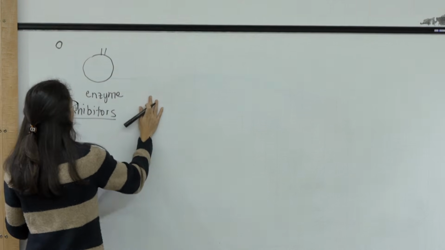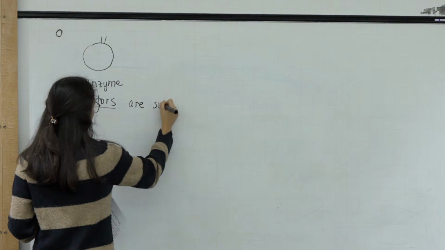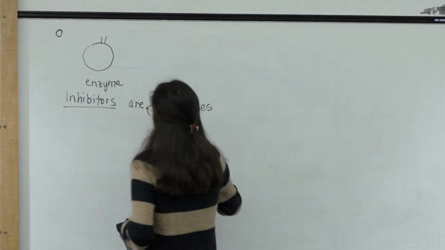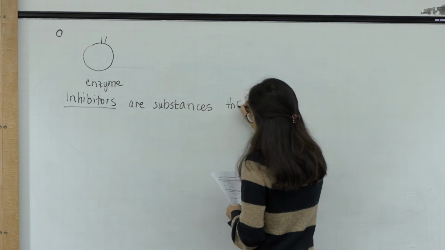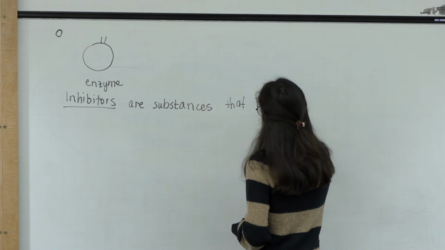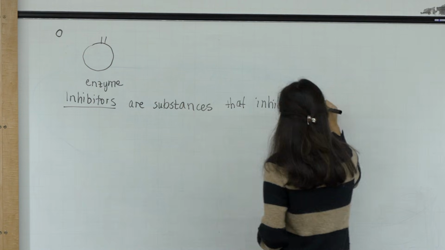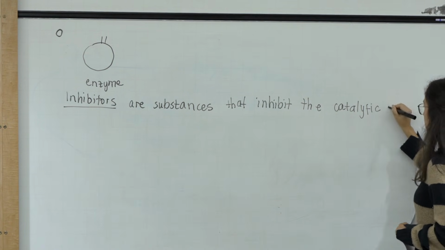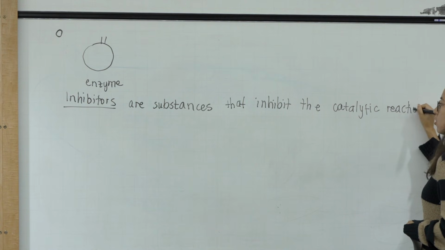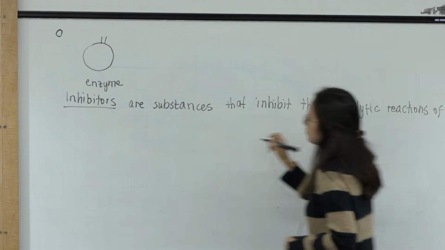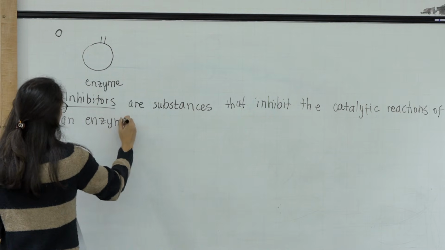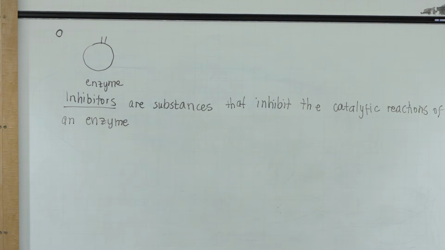These are other types of substances that will inhibit the catalysis reactions of an enzyme. And we can have different types of inhibitors. So you can have ones that are bad, ones that can help the whole process.